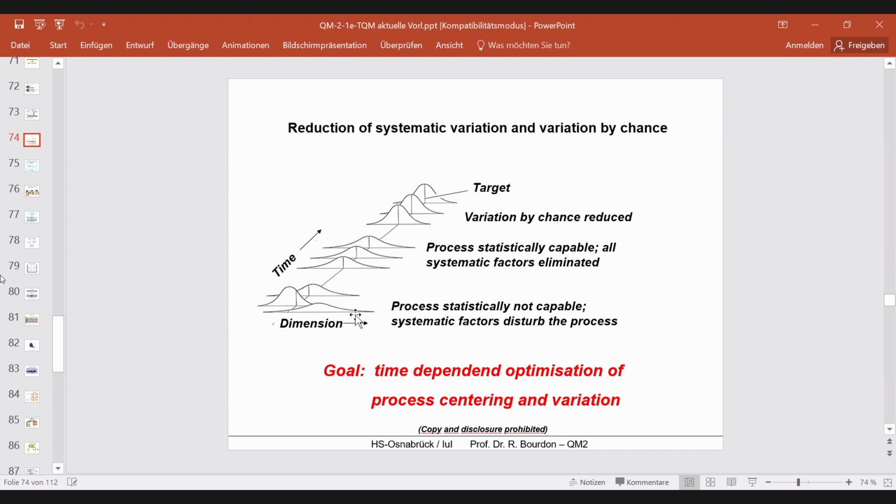So you have to bring the process under control, because this process here is not under statistical control. There are systematic factors which disturb the process.